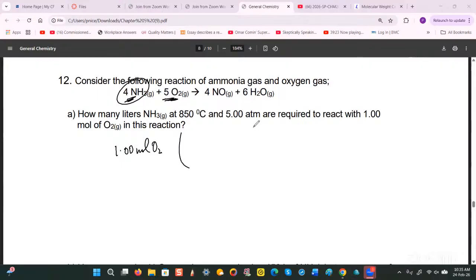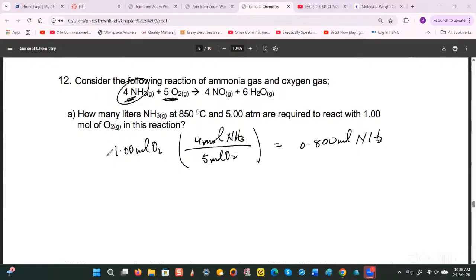And what I would do is convert from moles of oxygen to moles of ammonia using the mole ratio between the oxygen and the ammonia. That would be 5 moles of O2, 4 moles of ammonia, and we're going to end up with 0.800 moles of ammonia, right? So that's the first thing.